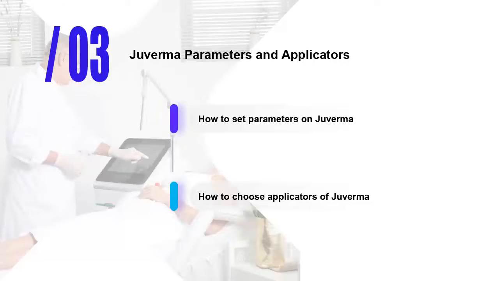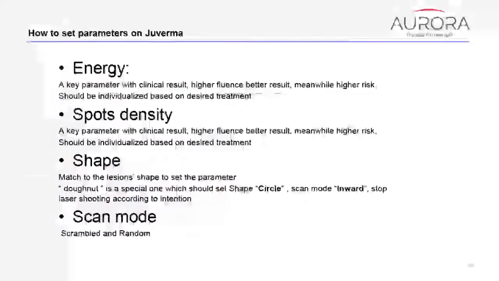Now let's discuss the parameters and applicators, how to set the parameters and how to choose the applicators. How to set the parameters is based on 4 parts like the energy, spatial density, this will be explained later, and the shape, which is matched to the lesion shape to set the parameters. Donut is a special one which should set shape with circle and the scan mode with inward.